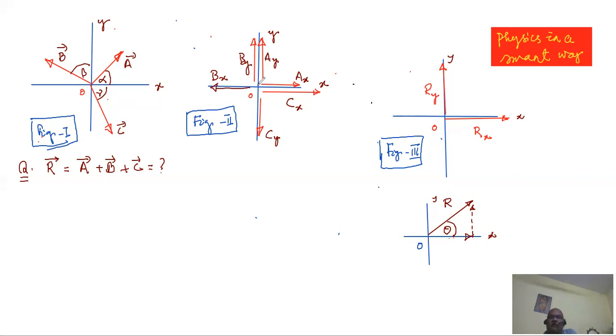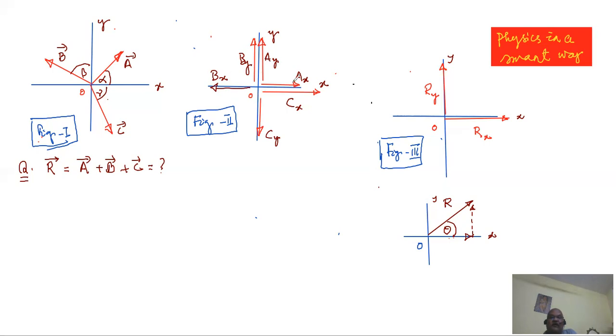Our thing will be systematically sorted out. After breaking down into all those components, we take stock of the X vectors, and keep in mind that X and Y stay independent.